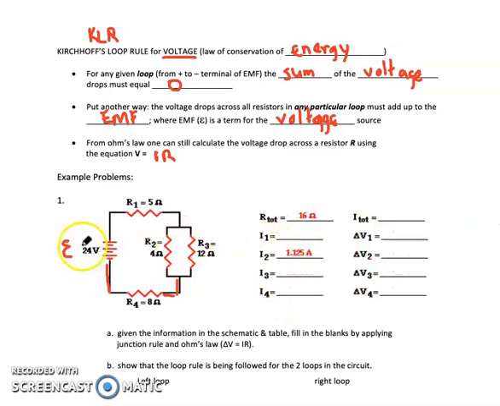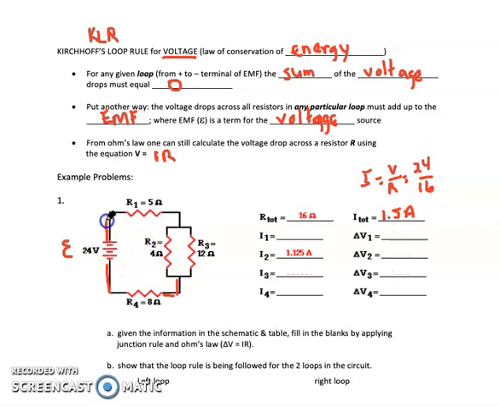So if I know that the total voltage for the circuit is 24 volts, and I know the effective resistance of the circuit is 16 ohms, I know that the total current has to be V over R, which is 24 divided by 16, which is 1.5 amps. That's important.